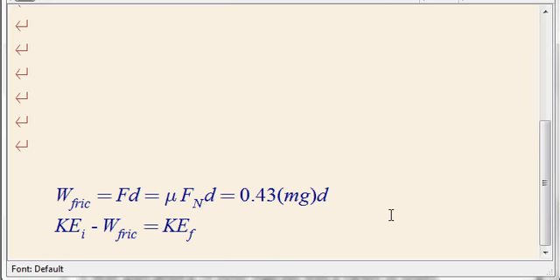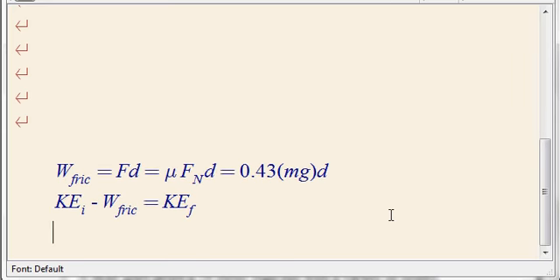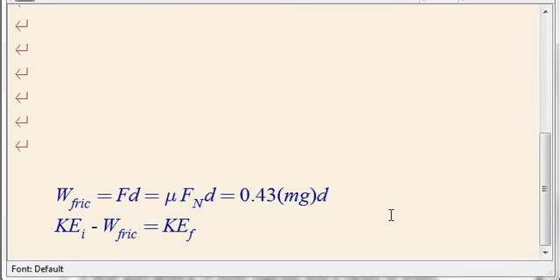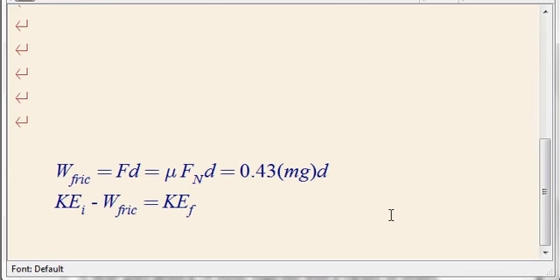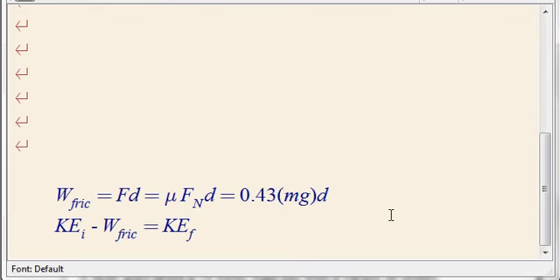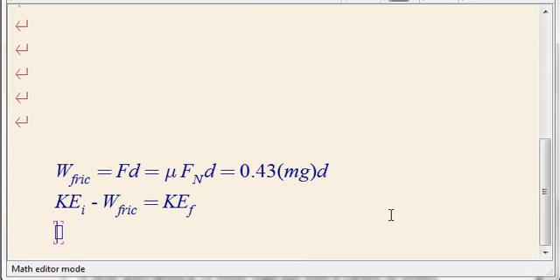You could say it's 0 on both sides. So you find kinetic energy final. You find velocity final, because that would be 1/2 mv squared. And that's it.